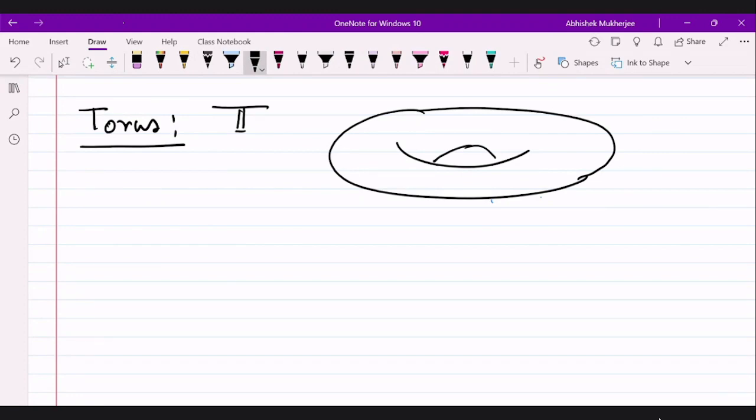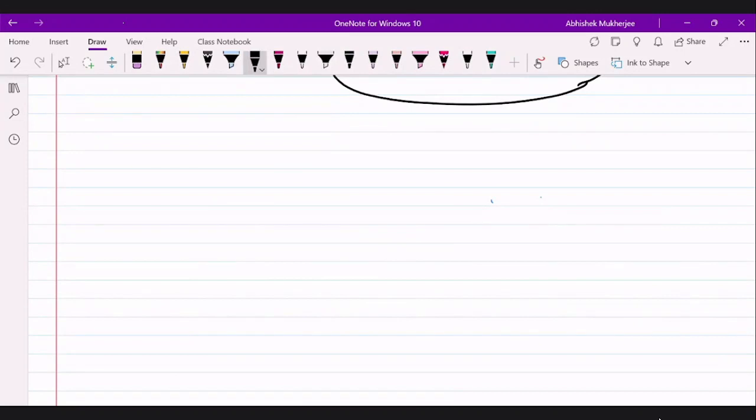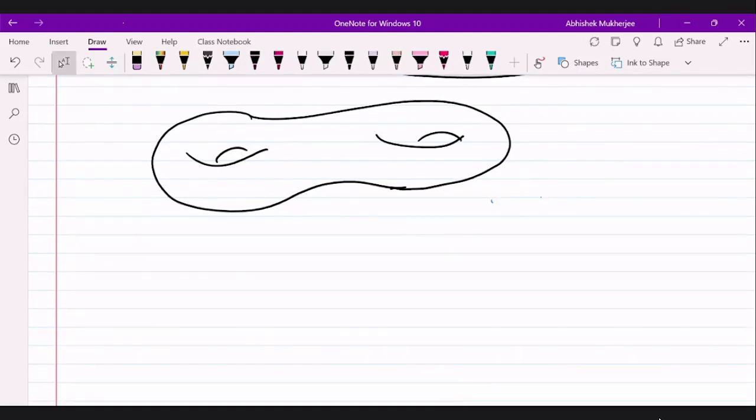Great, and making a connected sum of the torus with itself, we can make the double torus. Just consider two tori and then take out an open disk from each and then glue them. Okay, so then you will find this space. So this is a double torus. I am just going to denote it with this notation.